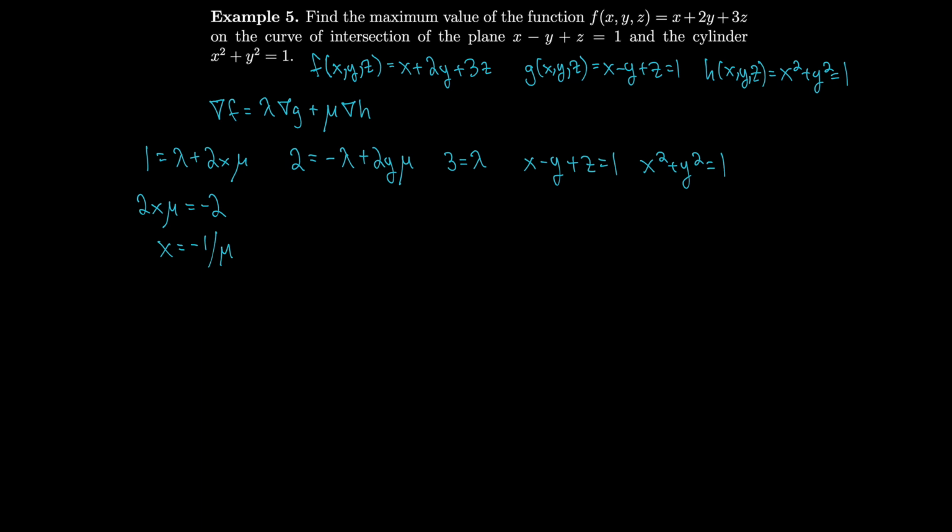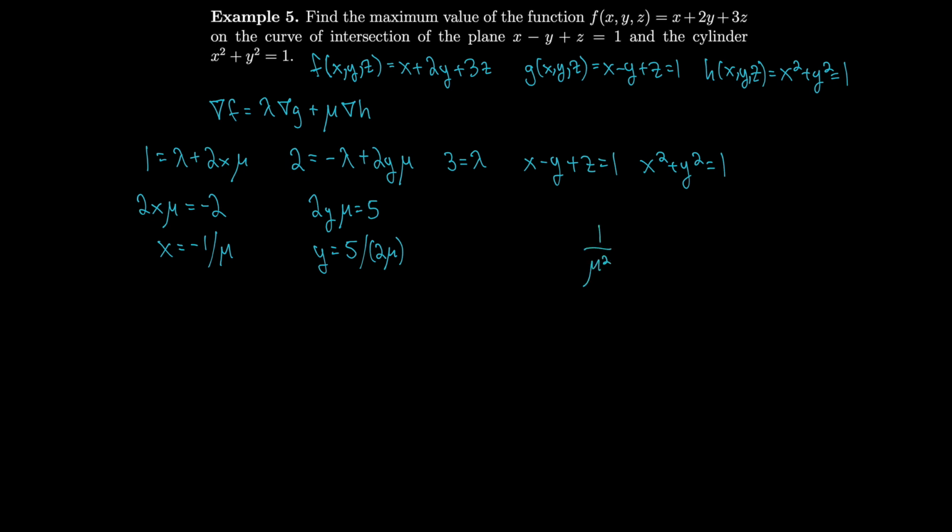And then I can do the same thing for y. I get 2y times mu is equal to 5 by plugging in lambda equals 3, just plus 3. And dividing, I get y is equal to 5 over 2 mu. Okay, so now let's solve this really quick by plugging into our constraint over there, because now I know what x and y are. So I can say that instead of x squared, I'll do minus 1 over mu squared, which is 1 over mu squared.